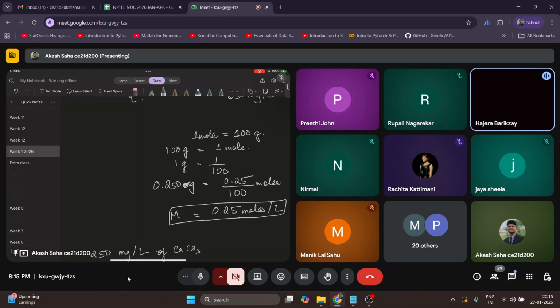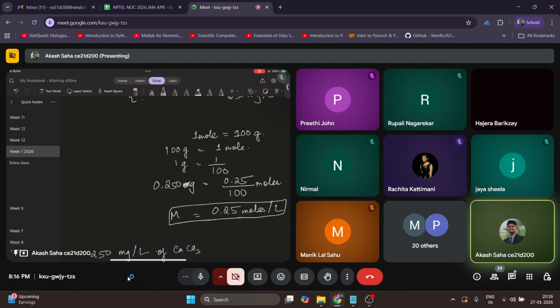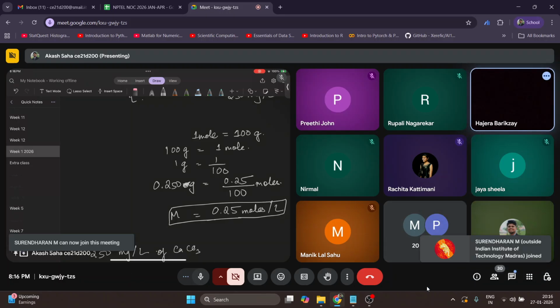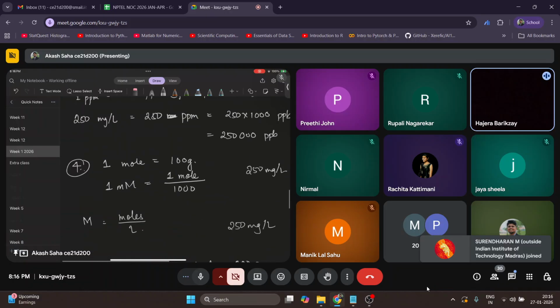What is the confusion? Just tell me. There's no confusion because you said 100,000 milligrams per liter equals 1 mole per liter. Then we have 250 milligrams per liter. How much is this in moles per liter? Just multiply 250 with, no, do we multiply it?